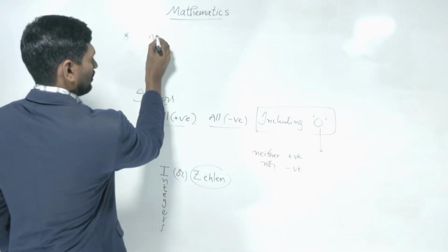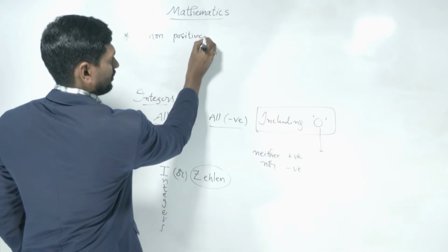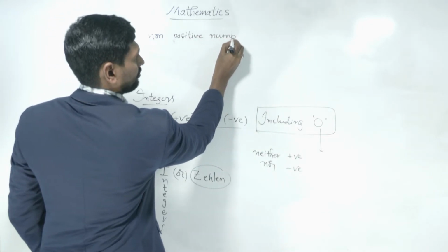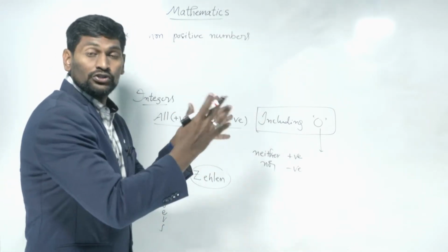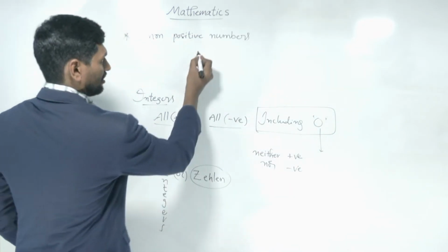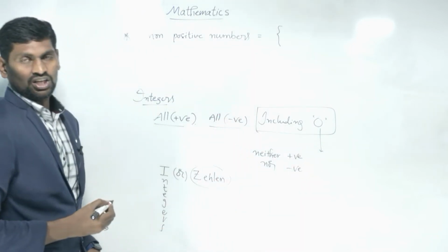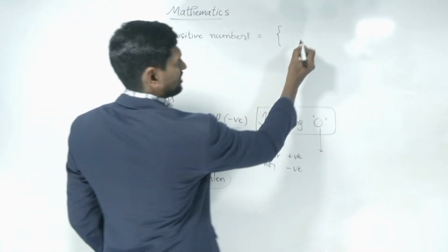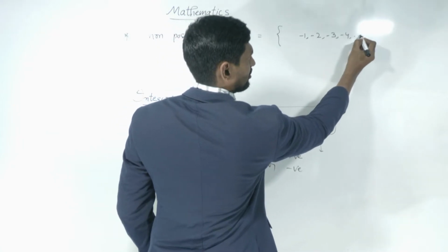Now, non-positive. We always think non-positive means negative, but that is not right every time. Here non-positive numbers means -1, -2, -3, -4 and so on.